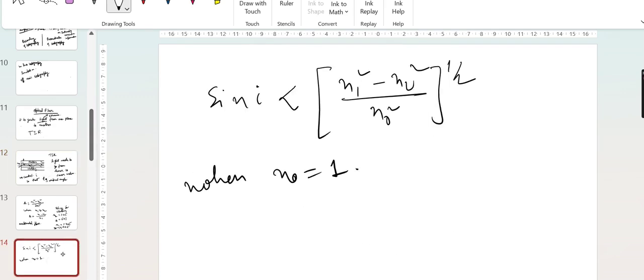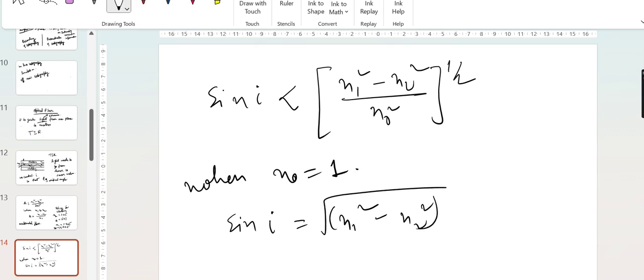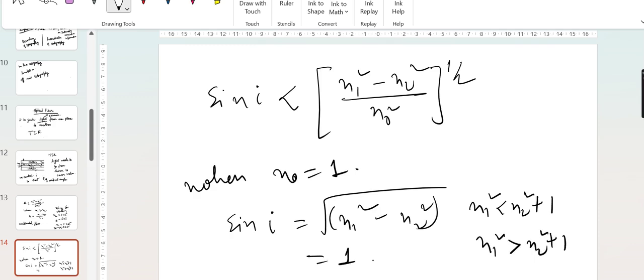N0 is here, N0 is equal to 1, then sin I is basically the square root of N1 square minus N2 square. This is the condition when N1 square is less than N2 square plus 1. If N1 square is greater than N2 square plus 1, then sin I needs to be 1. That means I is negative.